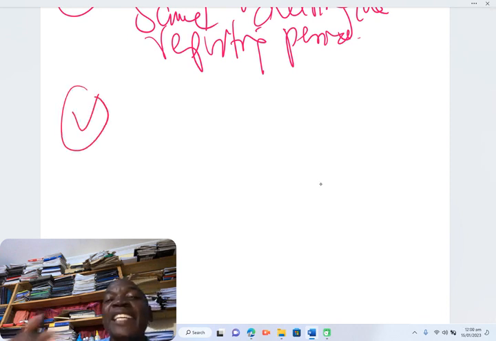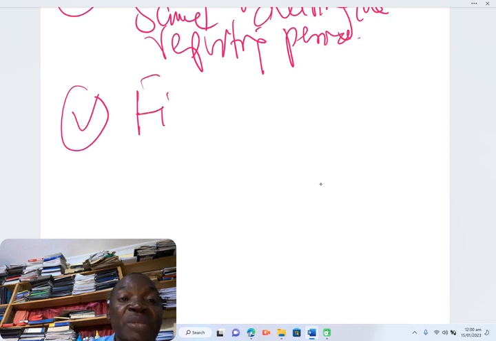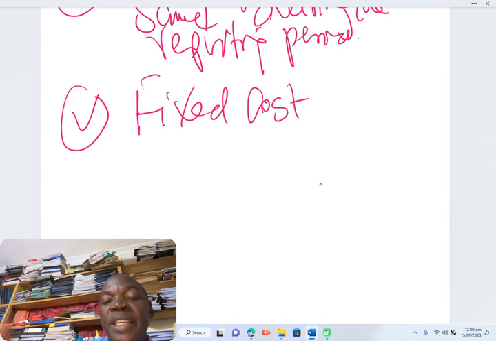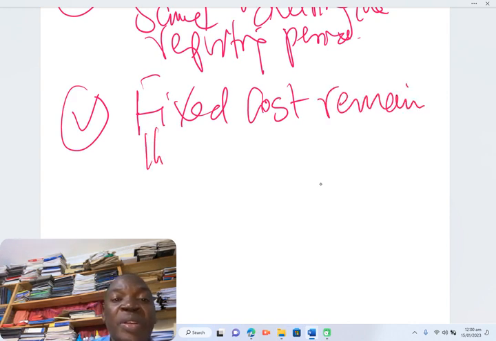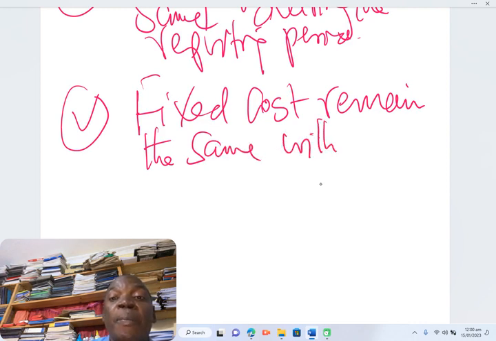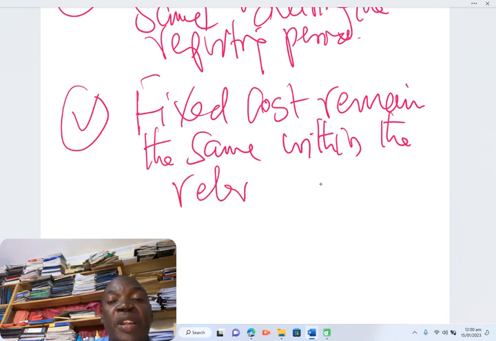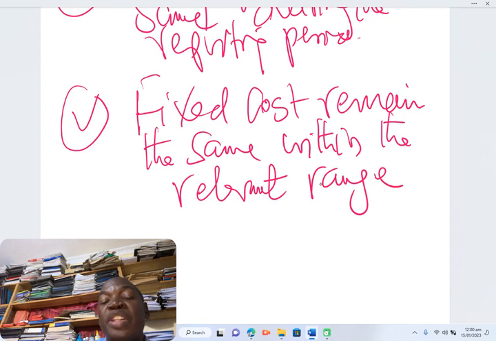Number 5, CVP assumes that fixed cost, meaning the total fixed cost, remains the same within the relevant range.